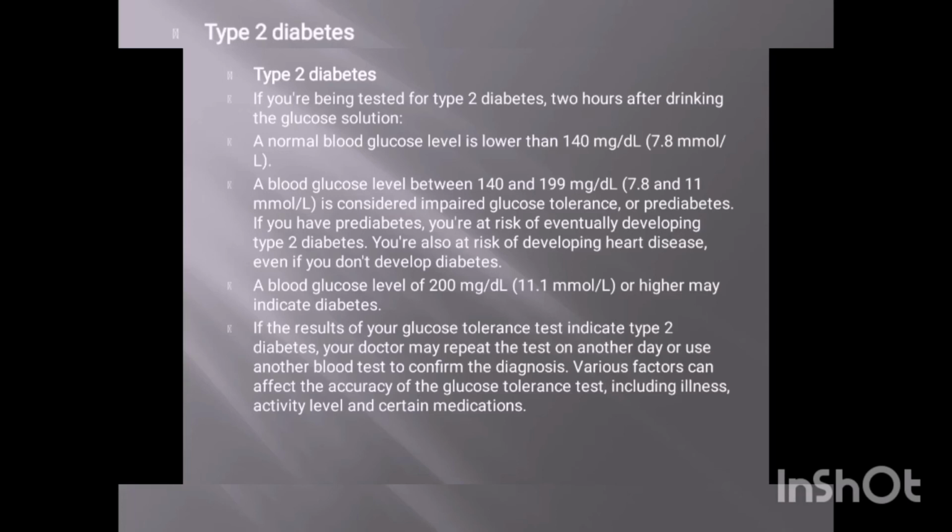A blood glucose level between 140 and 199 milligrams per deciliter is considered impaired glucose tolerance or pre-diabetes. If you have pre-diabetes, you're at risk of eventually developing type 2 diabetes. You're also at risk of developing heart disease even if you don't develop diabetes.